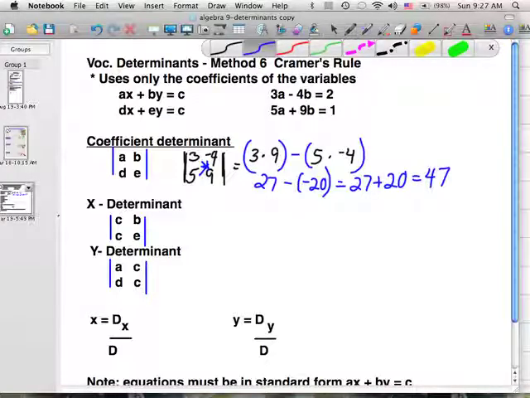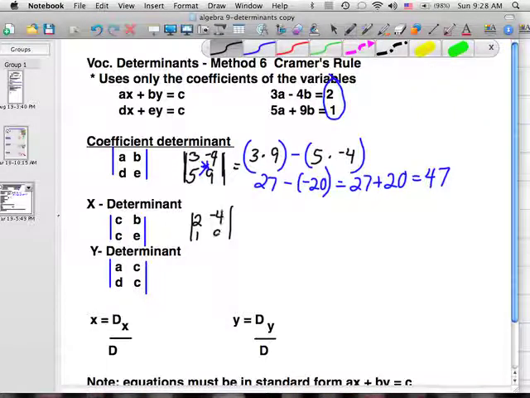Now we're going to find the x determinant. Since we're looking for the x, we're going to substitute the constants in that column. So that matrix looks like this. It'd be 2, 1, and then the -4, 9 stay the same.